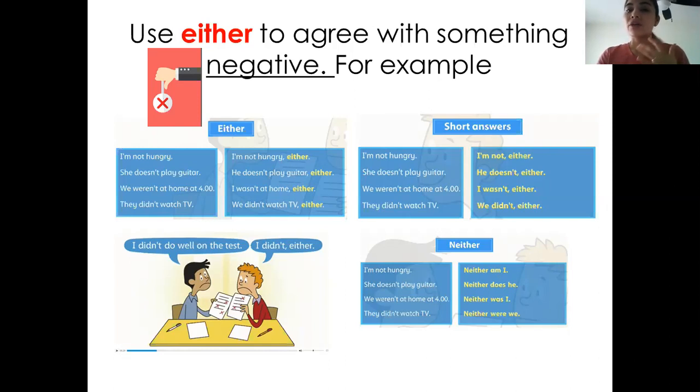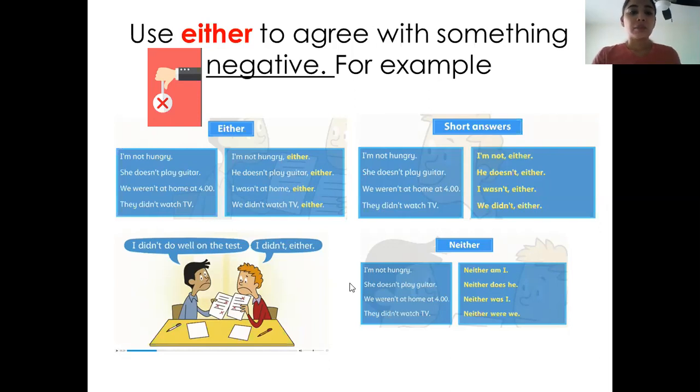So that's the only rule you have to follow when you use the expressions either and neither. Both are for negative statements, but one of them, the word either, is combined with the negative form of the verb to be. And the word neither is combined with a positive form of the verb to be.